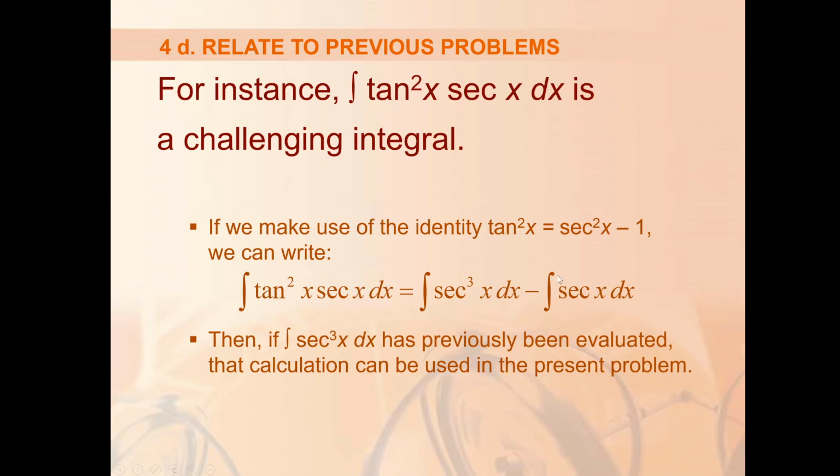We can use tangent squared of x equals secant squared of x minus 1. This is just the Pythagorean identity. So the integral can be replaced by secant squared of x minus 1, the quantity, times secant of x. Then distribute, and you end up with the integral of secant of x to the power of 3 minus the integral of secant of x.